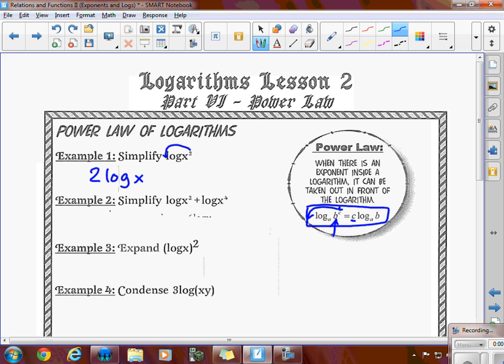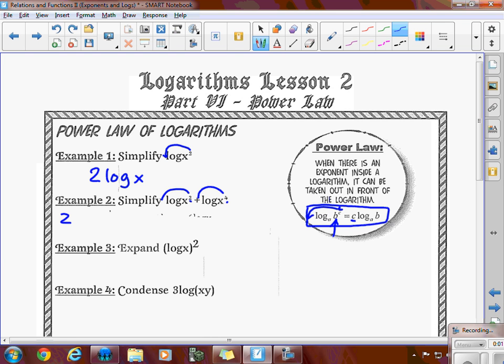The next example has an addition of 2 logs. If we examine, they're both base 10, both of them have a power. The first one has a power of 2, the second one has a power of 4 on the stuff, which means both of those can now drop down in front of the log expression.